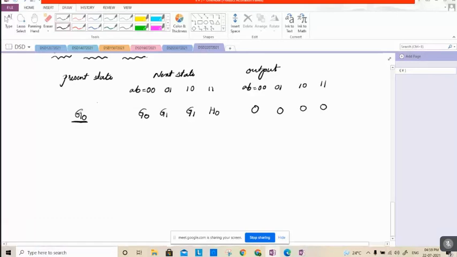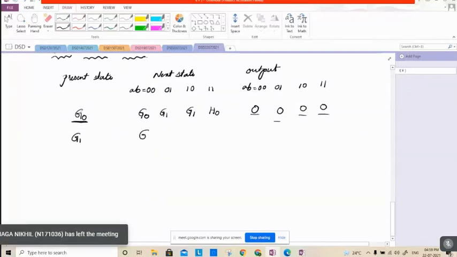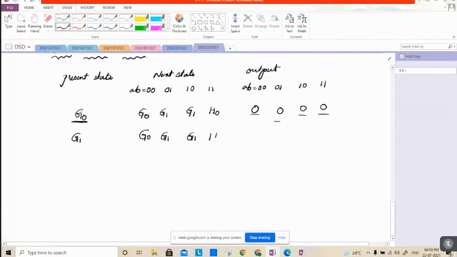So for G naught I will fix the output as 0 throughout. You will see what will happen. G naught becomes all 0. Right. G1, you will be getting the same states, and for this I will be fixing the output as 1. H naught, can you tell me the H naught values?